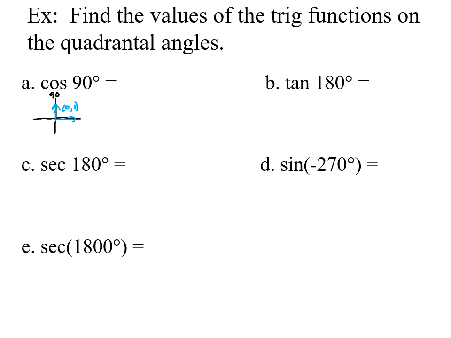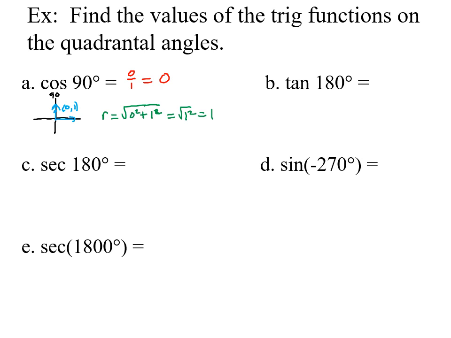And then once you take that one point, you know cosine is x over r, so you could find the r by doing the square root of 0 squared plus 1 squared. That's a squared, by the way. So you get the square root of 1 squared, which is just 1. And cosine would be the x over the r. Your x value is 0, so you'd have 0 over 1, which is 0. And you could do that on every one of these problems.